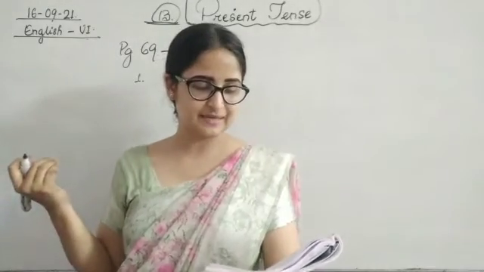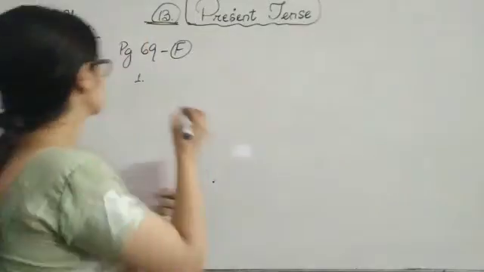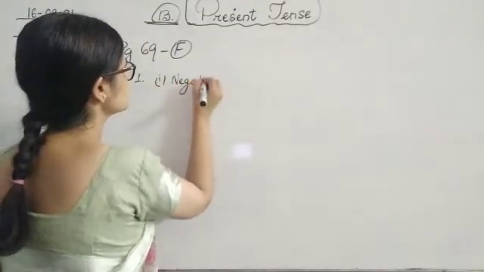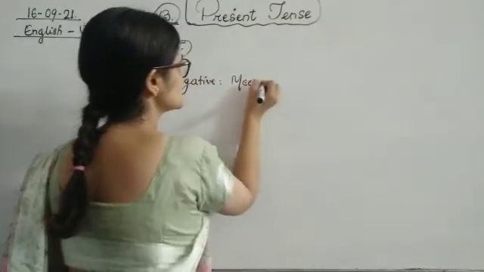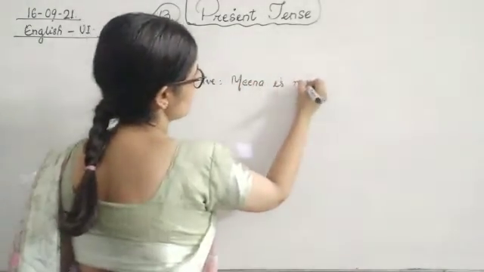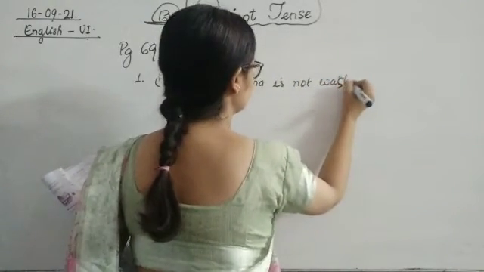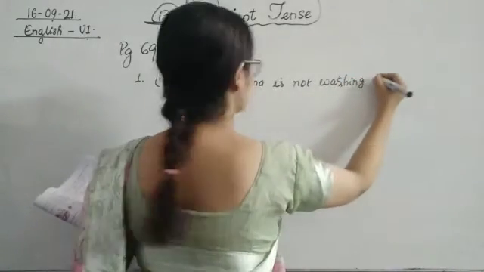So first let's begin with negative. Meena is washing clothes. In negative, what are you going to write? Meena is not washing clothes.